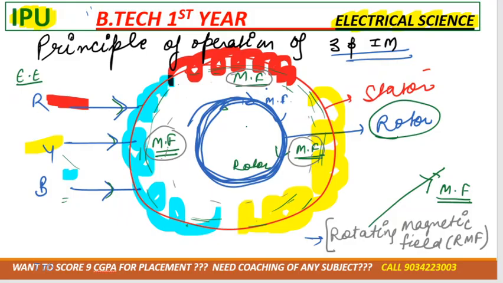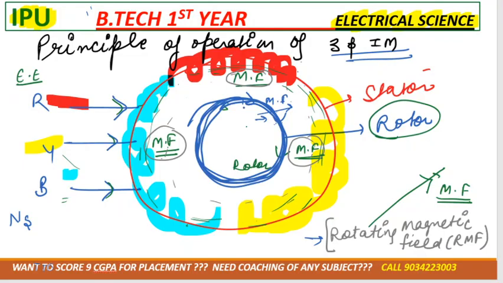So now as you can see, there are two magnetic fields. One is the magnetic field of the stator, and one is the magnetic field of the rotor. Both will interact with each other. Yes or no? A magnetic field is produced in the rotor, right? A magnetic field is there in the stator, so both magnets will interact with each other.